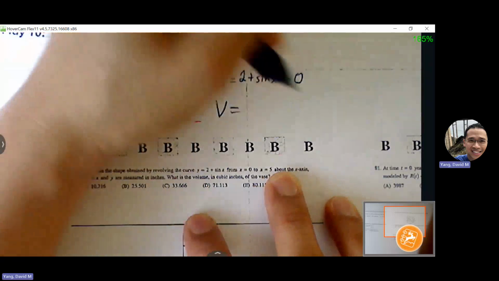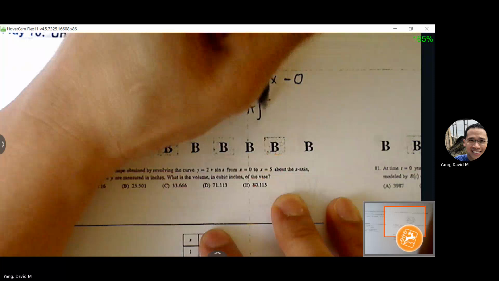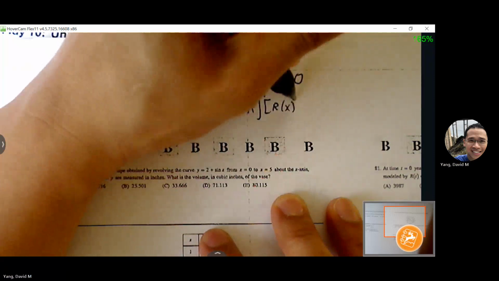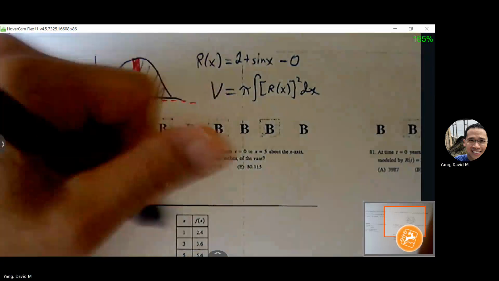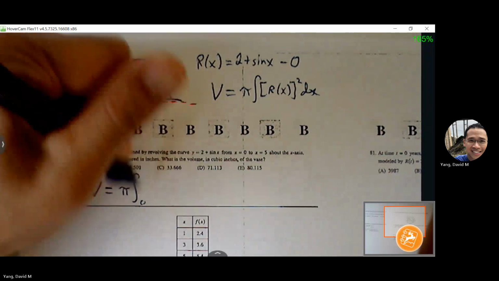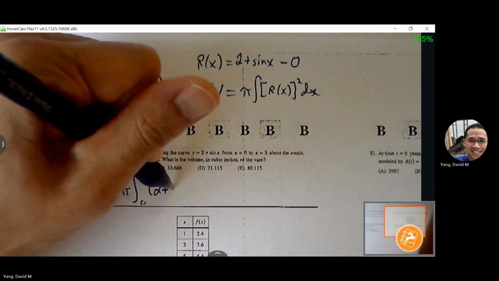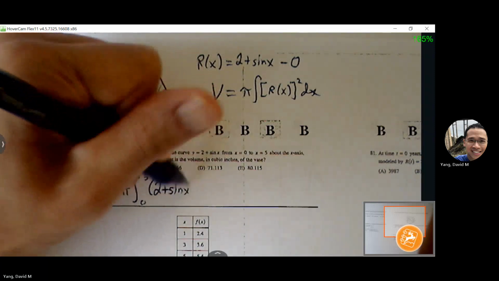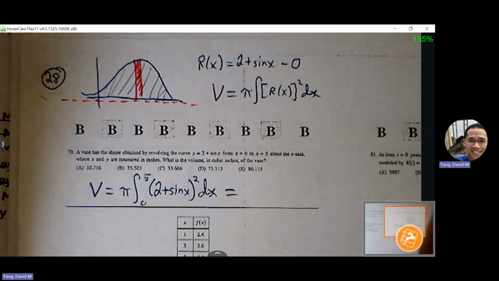Your formula for this method is pi times the big radius squared, and your bounds are from 0 to 5. All this goes in your calculator.